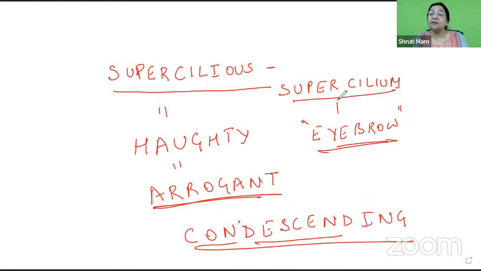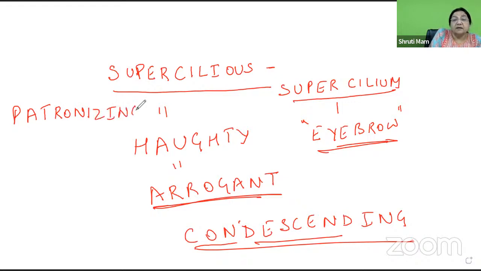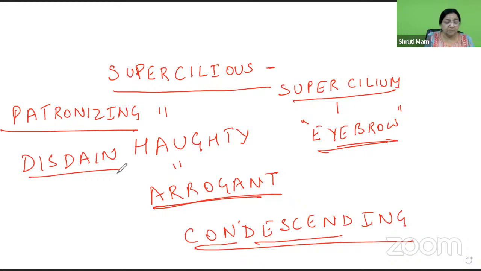So condescending, where I can't descend, where my eyebrow is high. My supercilium is too arrogant, or I am haughty. Another one, this can be the tone of the author. He feels he knows everything and everybody else does not, which is patronizing. He acts like a superior person, patronizing. Disdain. He says others don't need, I show superiority, that something does not deserve even my respect.